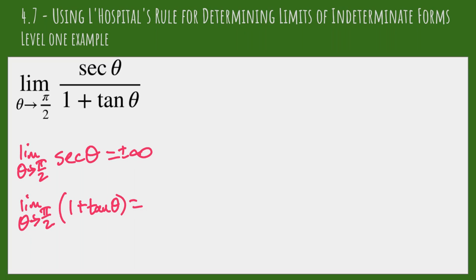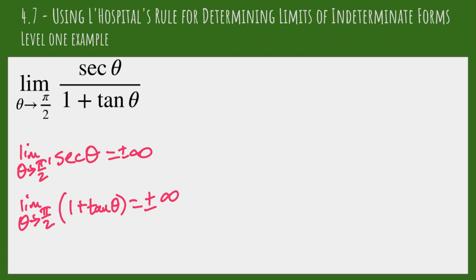Again, notice anytime our limit has multiple terms, we're putting it in parentheses. And same thing, on the left side, tangent's going to be approaching positive infinity. On the right side of pi over 2, tangent's approaching negative infinity. So again, we have plus or minus infinity. I'm going to be a little informal here, but I'm going to put that plus or minus there to show as we approach, I'm sorry, I did that backwards.